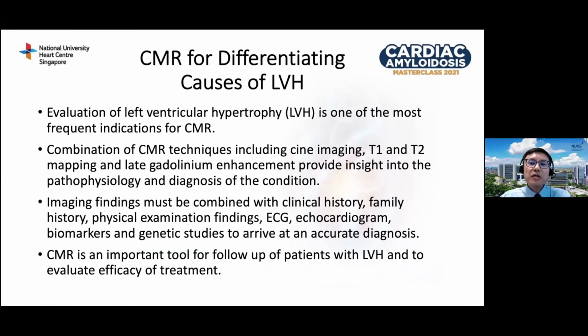CMR is also very useful for differentiating different causes of LVH, and normally we will have to use a combination of techniques in order to study the heart to come to a correct diagnosis. Now I have to emphasize that the imaging findings on CMR must be combined with clinical history, family history, physical examination findings, ECG, biomarkers, and even genetic studies in order to arrive at an accurate diagnosis.